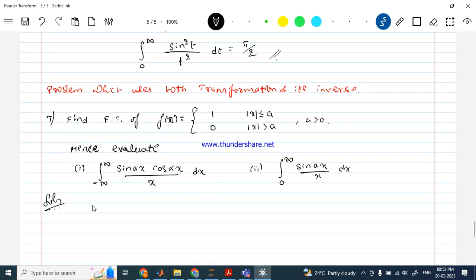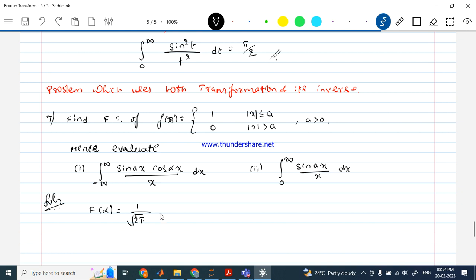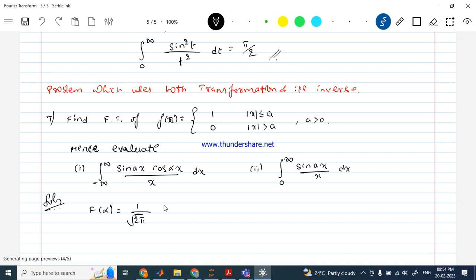In the initial part, the question is to find the Fourier transform. So f of alpha is 1 by root 2 pi. I have not separated the problems on cosine transformation and Fourier transformation. I'm just doing all the problems together, going with the difficulty level, and problems of similar kind are discussed together.